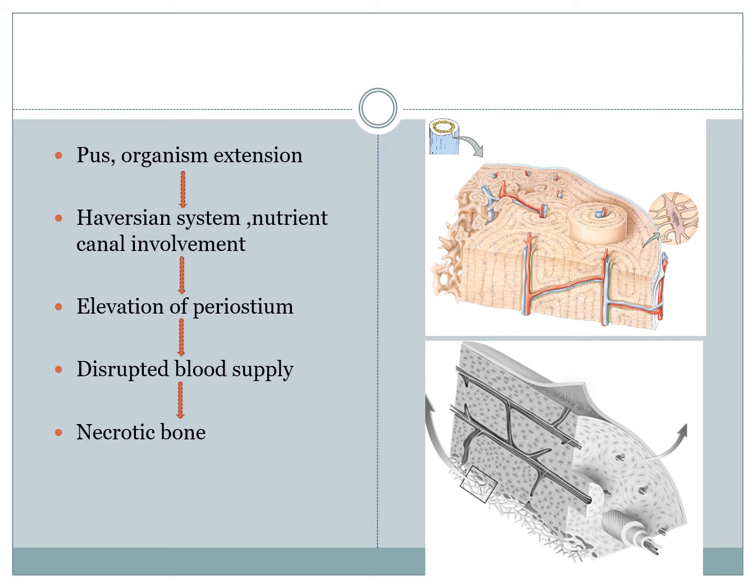So the microbial organisms will develop and multiply, and they will affect the Haversian system and canal. That will lead to elevation of the periosteum, and it will disrupt the blood supply and lead to necrotic bone because there will be no vascularity in the Haversian system.